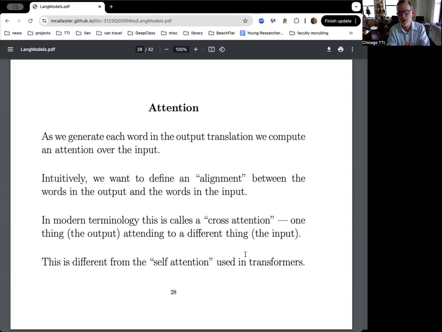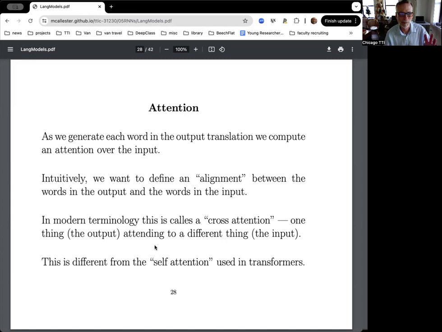So the idea is that there's a correspondence between where you're generating in the output and where you should be looking at in the input. And this alignment problem is addressed by attention. So in this system, we're attending to different places in the input based on where we are in the output.